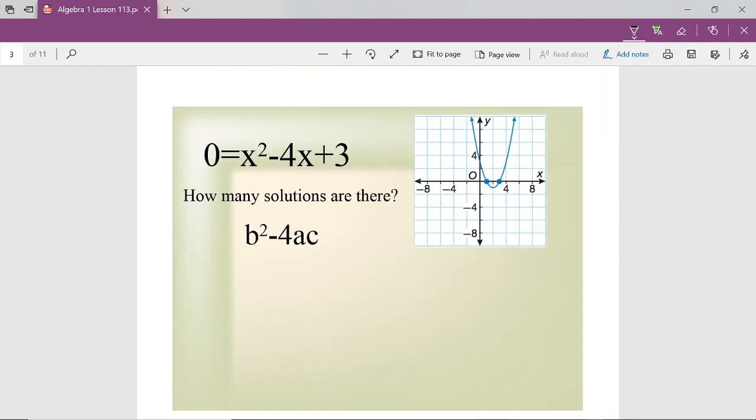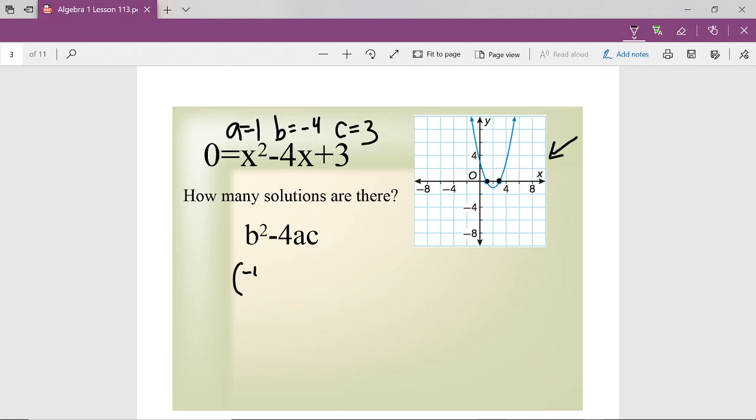So let's actually put that into practice with a few different ones. Looking at this quadratic, looking at a graph of it, we would assume that we would have two solutions because we have two x-intercepts. So using our discriminant, let's make sure that's true. So b squared minus 4ac. In this case, a is 1, there's a little 1 in front of that x squared. B is negative 4, and c is 3. So let's plug those in.